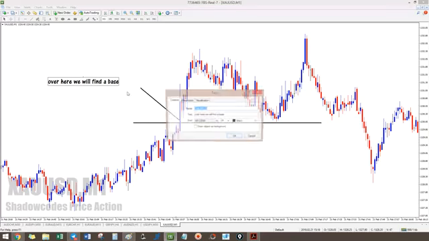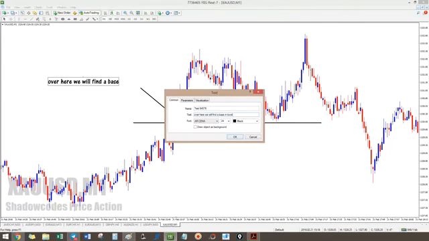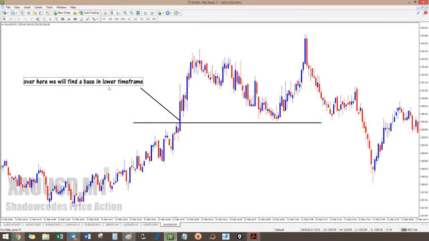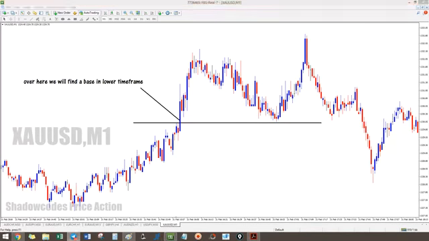Over here we will find a base in lower time frame. Okay, but this is an M1 chart, so we cannot go any deeper than M1.